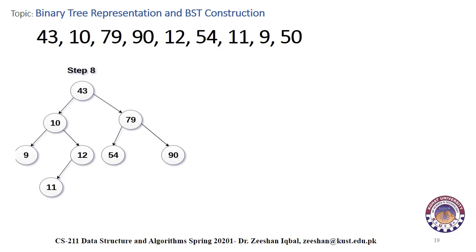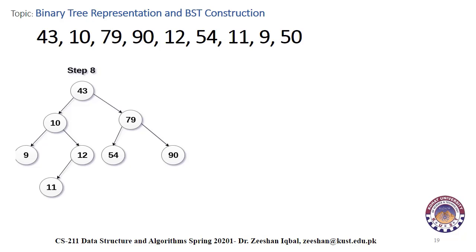The last value in the series is 50. Again if we start the comparison with the root node 43, 50 is greater than 43. So we will move towards 79. 50 is again less than 79. So we will move towards the left side.